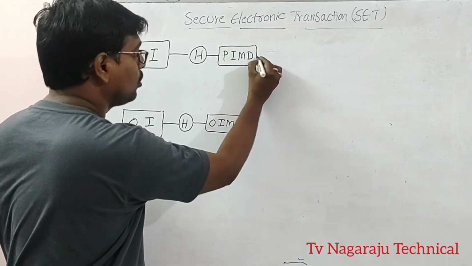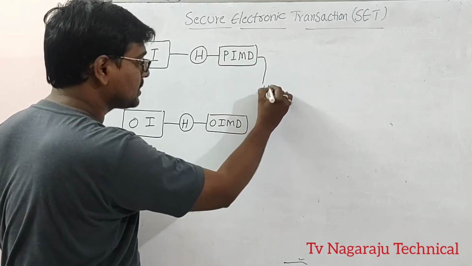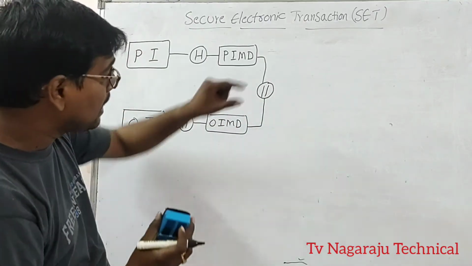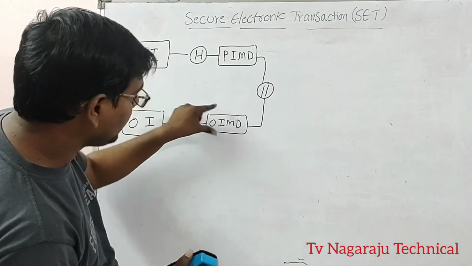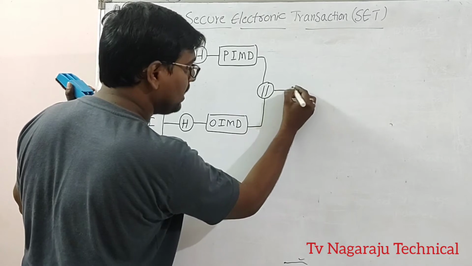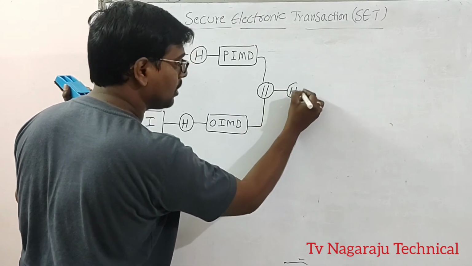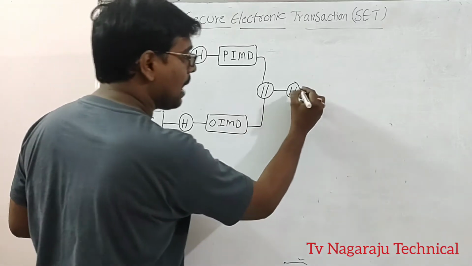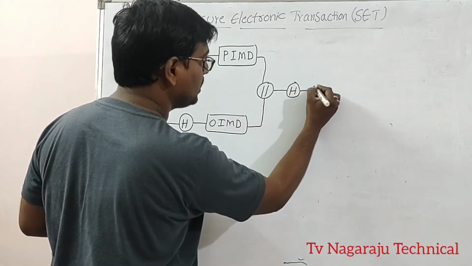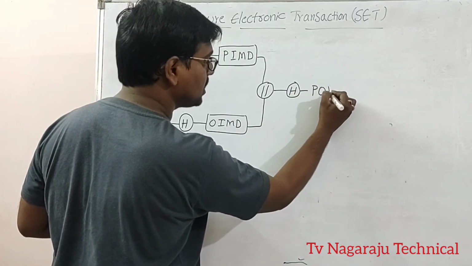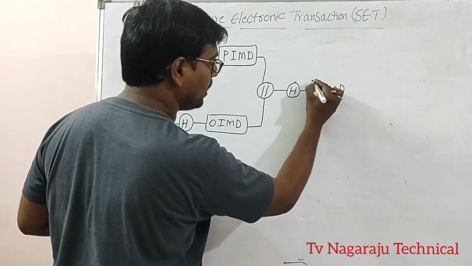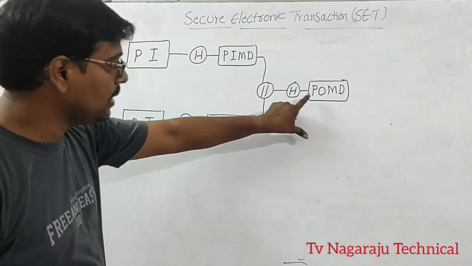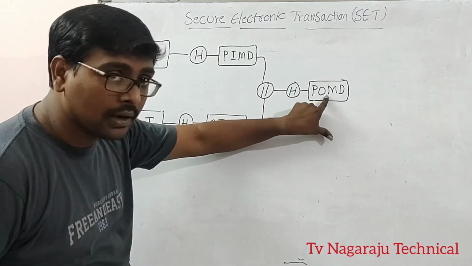Okay. Now the next step is append. You know the symbol append. Combine the PIMD and OIMD, and again apply the hashing. After combining the two message digests, apply the hashing. What does it generate? It generates POMD. What is meant by POMD? Payment order message digest.